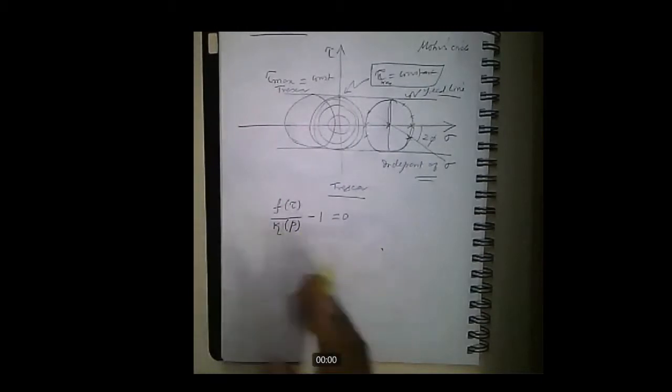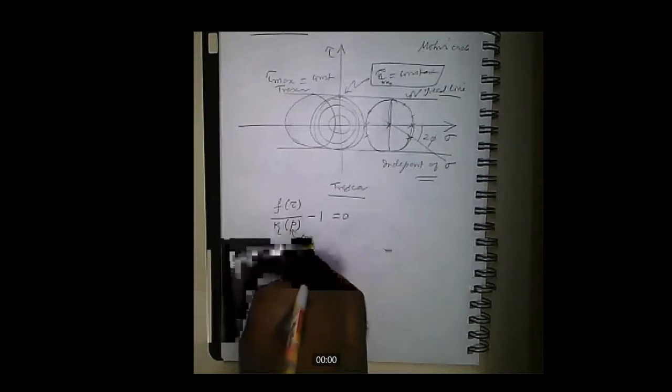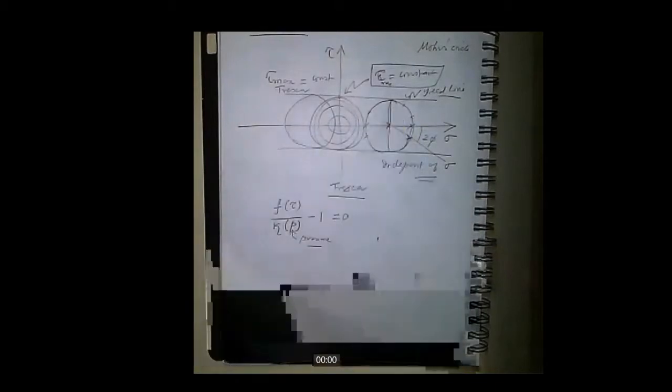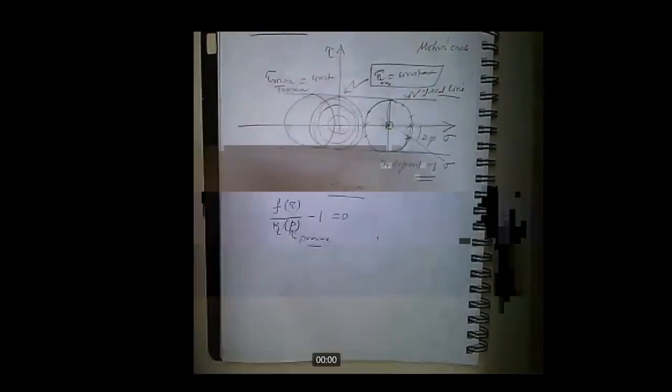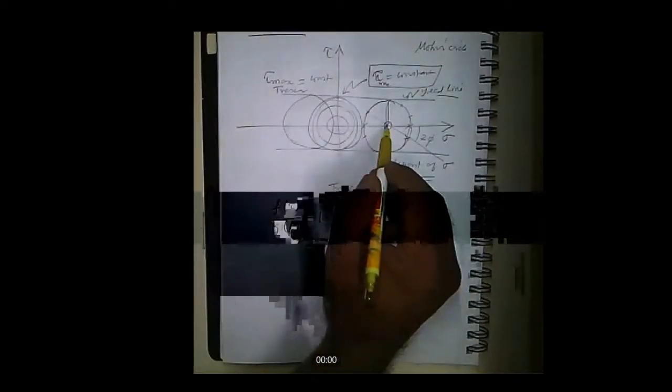Now I'm going to generalize it and introduce pressure to this. Where is pressure in this Mohr circle? It is nothing but the center, is it not? Sigma 1 plus sigma 2 by 2.